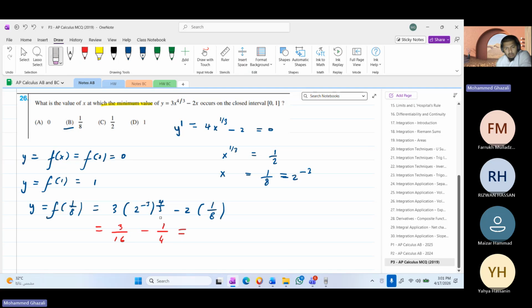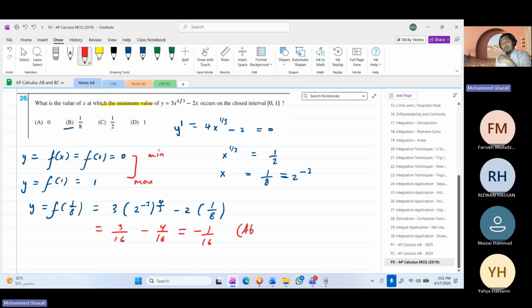2/8 is the same thing as saying 4/16. Here you would get negative 1 over 16, the answer. Negative 1/16, which means that from these two values, when you substitute 0 and 1, what can you conclude here? 0 is minimum, 1 is maximum. So in this case, we can solve this by substitution as well.